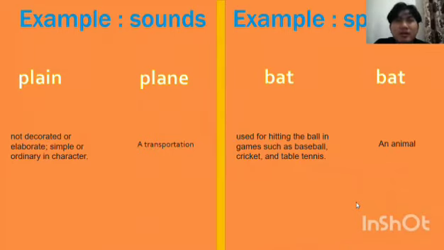If we hear it, it sounds similar, looks the same, plain and plain, but it has a different meaning. The first plain is not decorated or elaborate, simple or ordinary in character. And the second plain is the transportation.